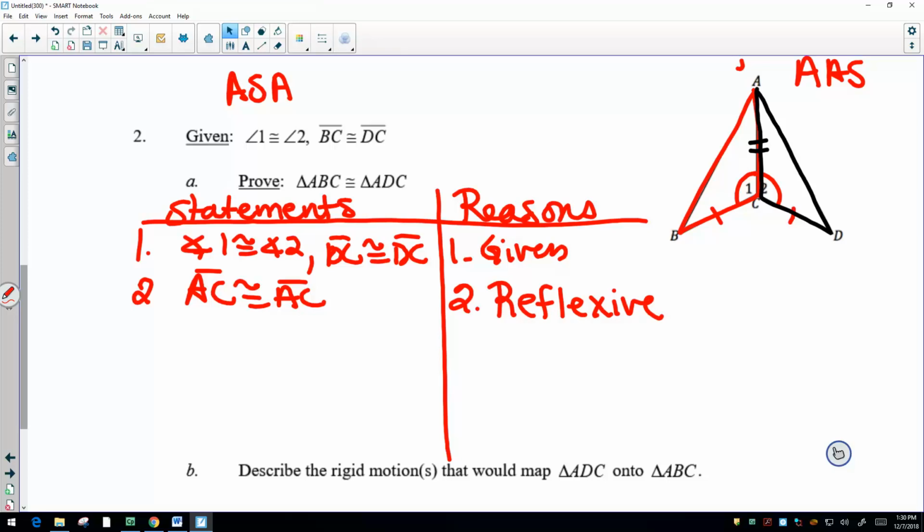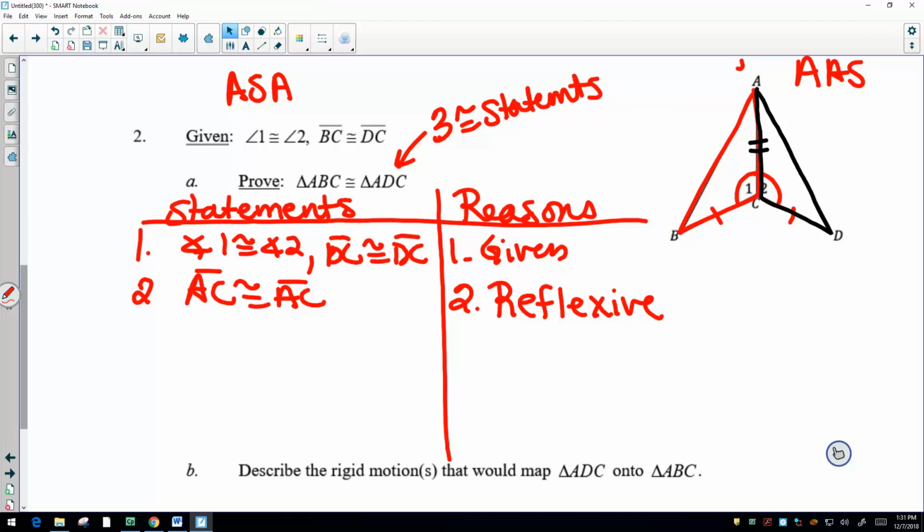So looking at these triangles now, sometimes I like to do check marks, sometimes I like to count, sometimes I like to label, just different things that we could do. I always think to myself, I need 3 congruent statements before I can prove triangles congruent.